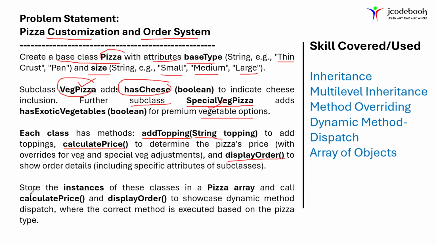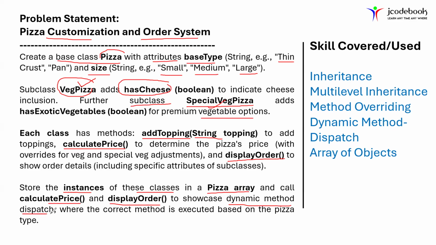What you are supposed to do next is create and store the instances of these classes, meaning Pizza, VegPizza, and SpecialVegPizza, in a Pizza array and call the calculatePrice function and displayOrder function to showcase dynamic method dispatch.